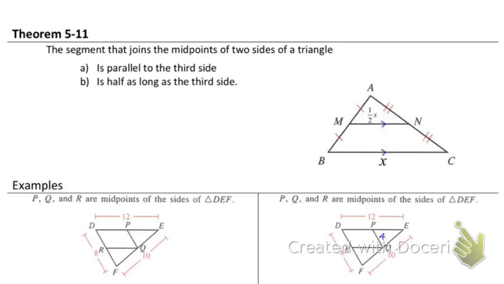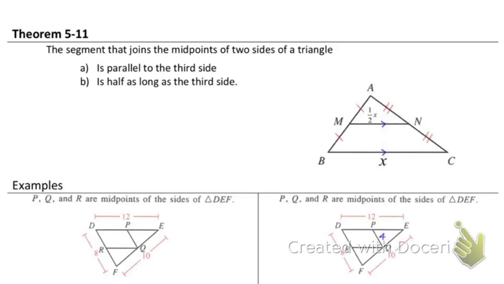So if you find a segment that goes through both midpoints of a triangle, then it is parallel to the other side. And on top of that, it is exactly half the length of that bottom side.